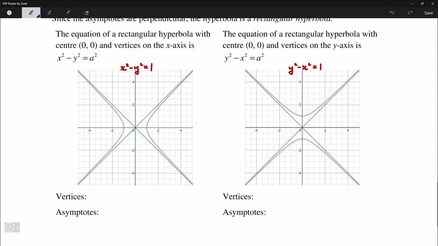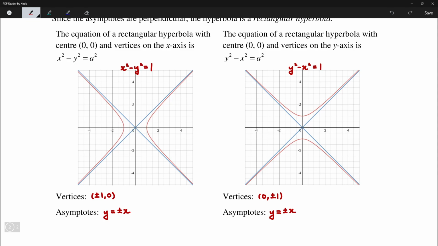Okay. So in this case, the vertices for the hyperbola are plus or minus 1, 0. And then here, the vertices are 0, plus or minus 1. The asymptotes are y equals positive or negative x. And on the right-hand side, same thing, y equals plus or minus x.